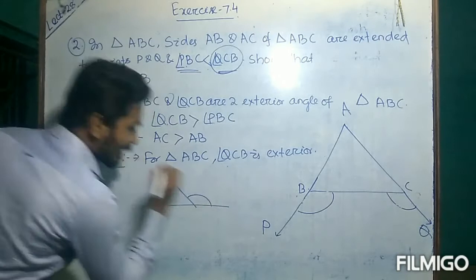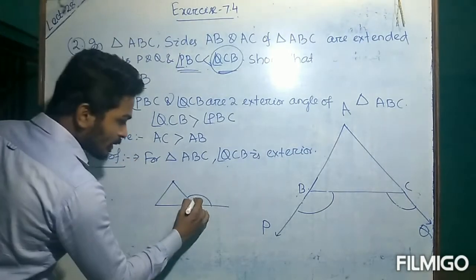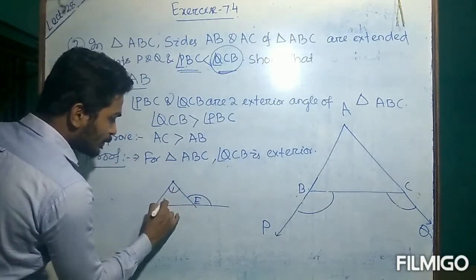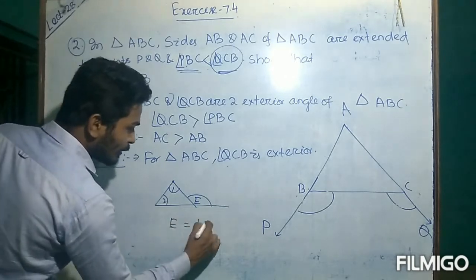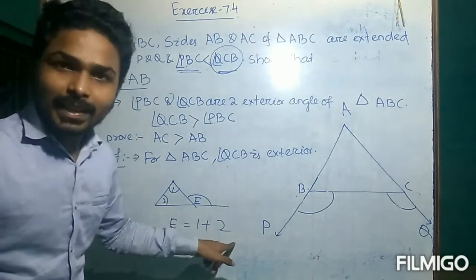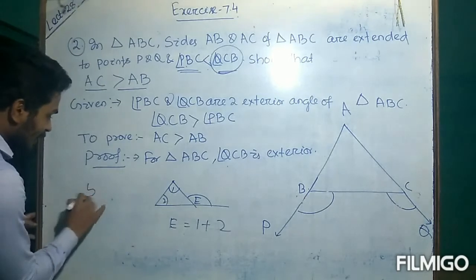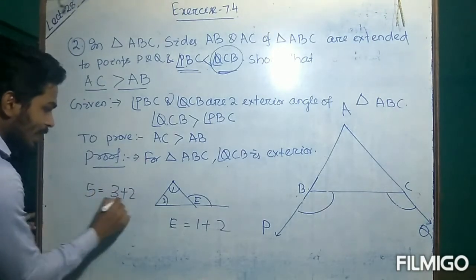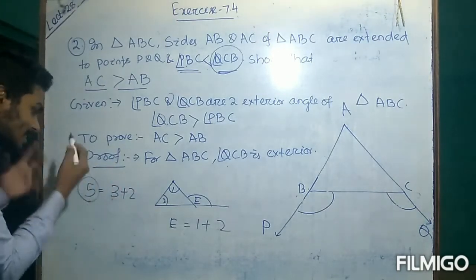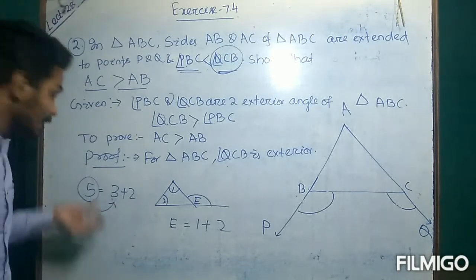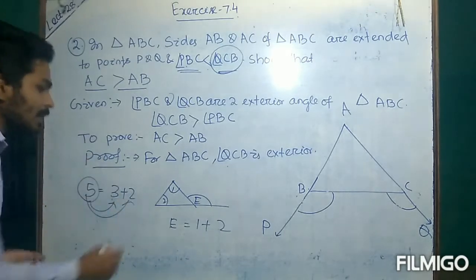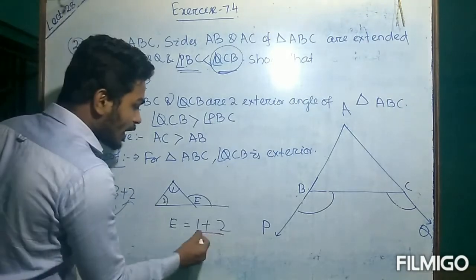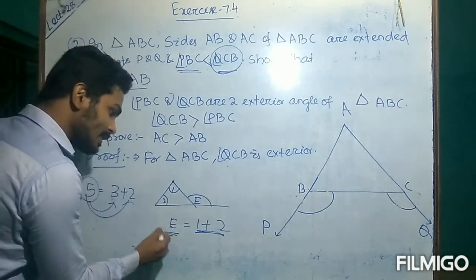If this is the exterior angle, then we know the exterior angle is the sum of two interior opposite angles. If it is 5, then definitely 3 plus 2 are added to give 5. So this part is definitely greater than this part. Similarly, these two are added to give the exterior angle, that means this is the larger one.